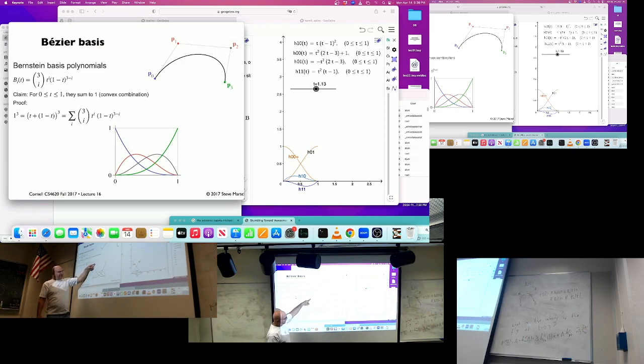So here are the 4 polynomials. You see that once again, at t equals 0, only one of them equals 1, and at t equals 1, only one of them equals 1. The others are 0.